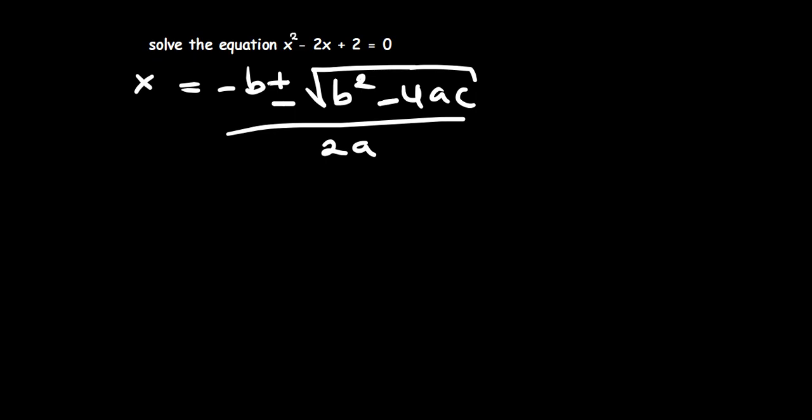So what is our b? Our b is negative 2. The general form of this quadratic equation is written as ax squared plus bx plus c equal to 0.